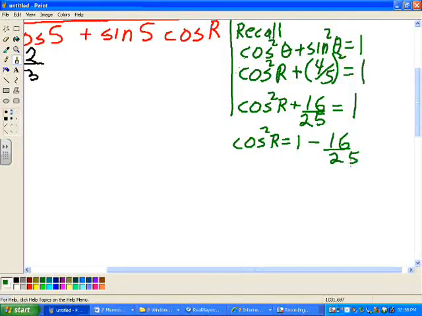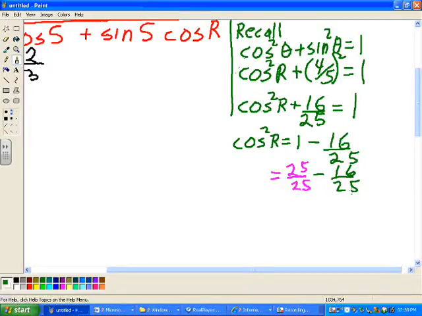I think I need to have common denominators. So this guy would become 25 over 25, take away 16 divided by 25.